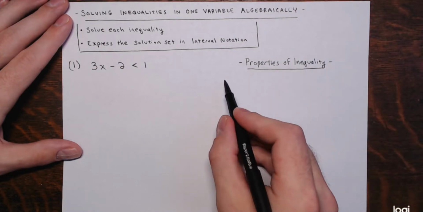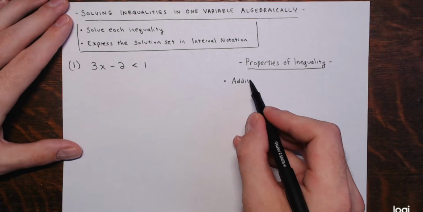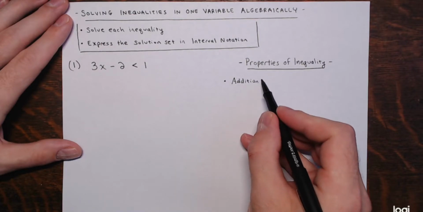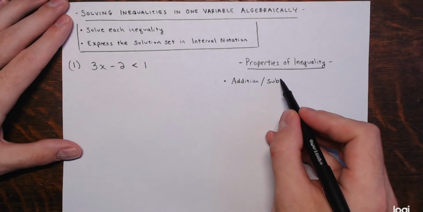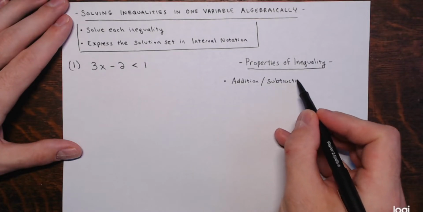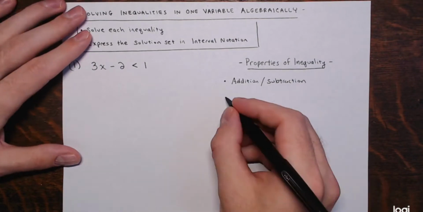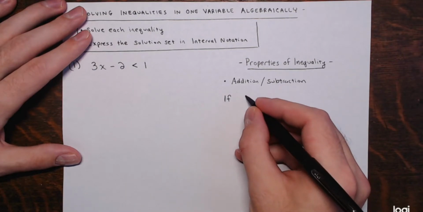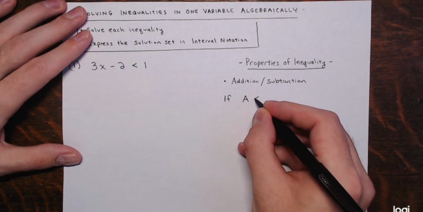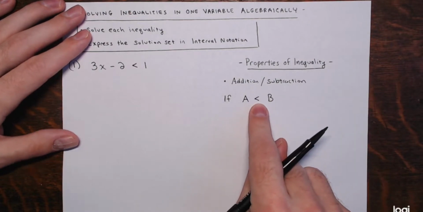Alright, so first you have your addition and subtraction, which go hand in hand. I mean, subtraction is just adding the opposite, right? Subtraction really is just addition. Okay, so if, say, A is less than B, and this can be any inequality symbol.